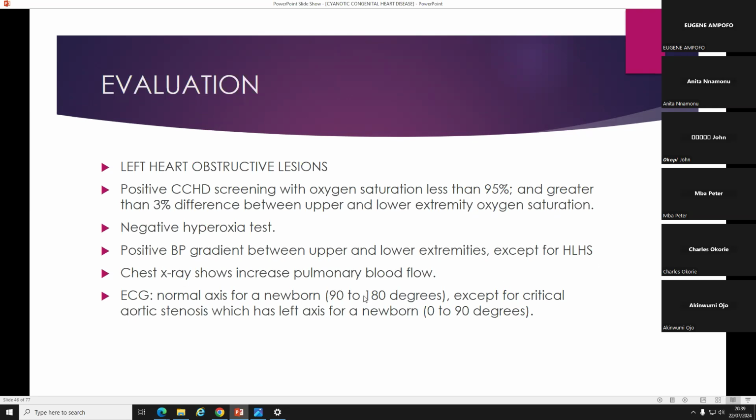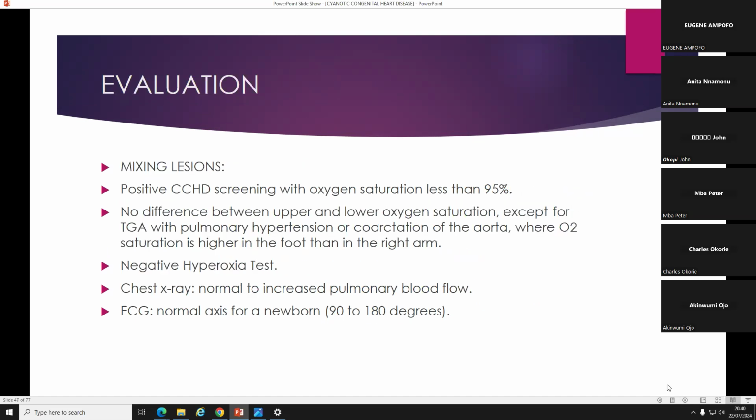Chest X-ray shows increase in pulmonary blood flow because most of the blood is shunted there and they have excess pulmonary blood flow. ECG would show normal axis for a newborn between 90 to 180 degrees, except for critical aortic stenosis, which has left axis deviation for a newborn 0 to 90 degrees.